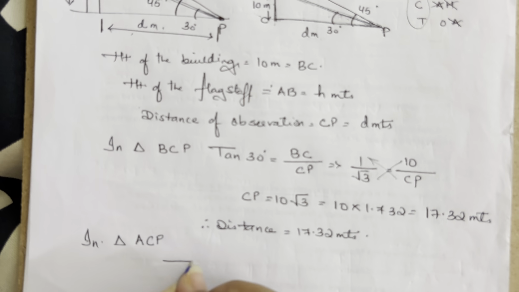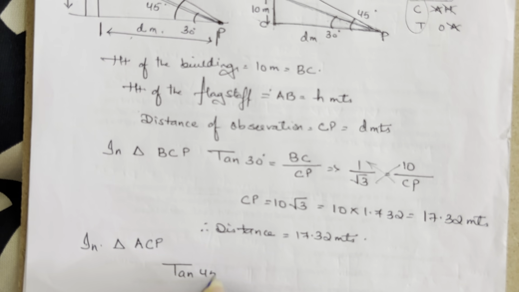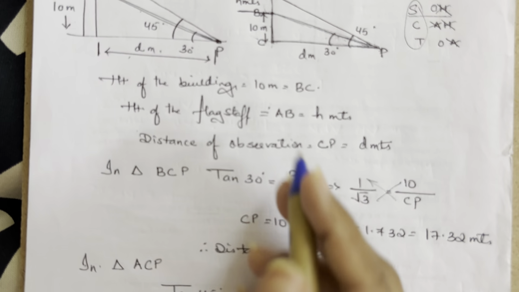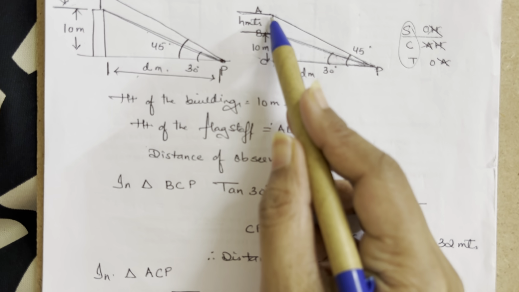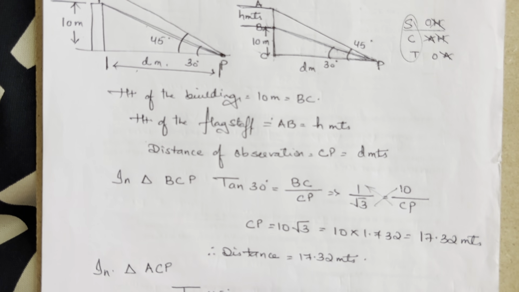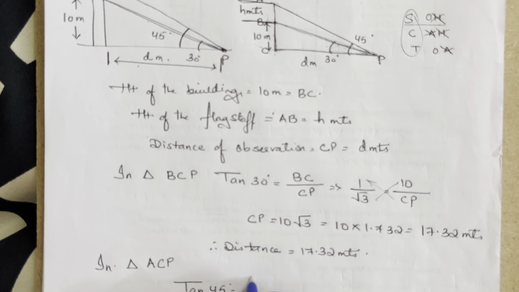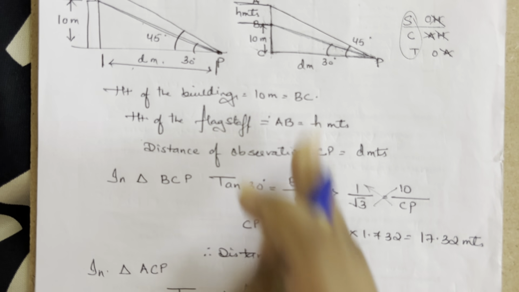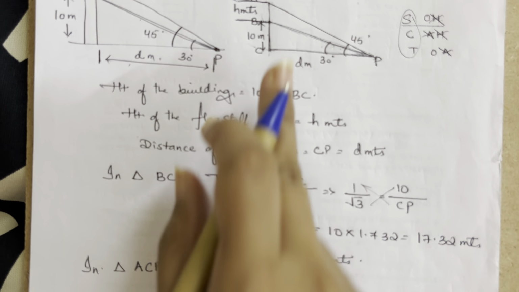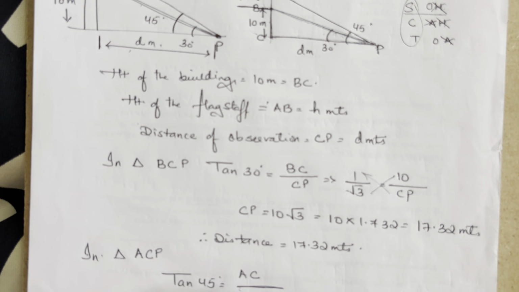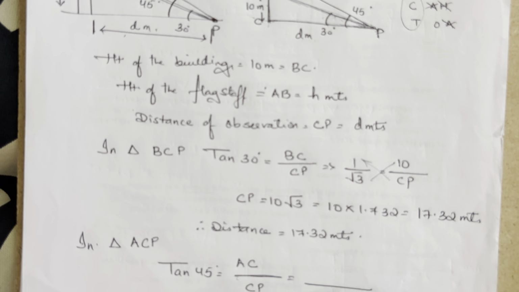In ACP, tan of 45 degrees is equal to the opposite. What is the opposite here? The complete opposite. AC is the opposite, divided by CP. What is the CP value that I've got?